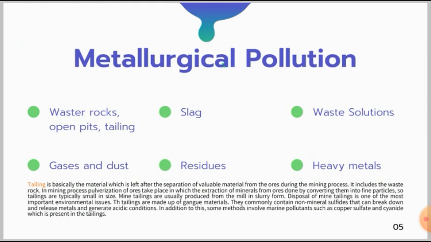Besides, when an ore is brought to a manufacturing plant, it is crushed, ground and subjected to different metallurgical operations that leave waste rocks, open pits, tailings, slag, residue, gases and dust, waste solution and heavy metals. All these are environmental pollutants that threaten our environment seriously.